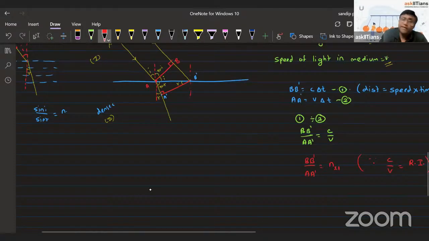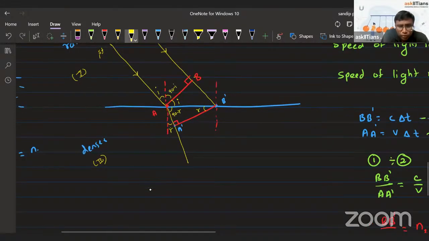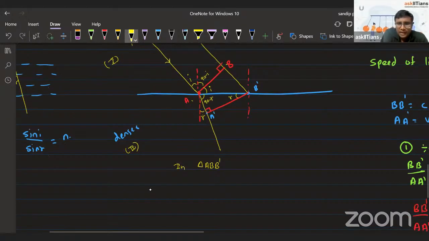Now again, if you take a look at triangle AB dash, I can say sine I is equal to opposite, which is BB dash, divided by the hypotenuse, AB dash.